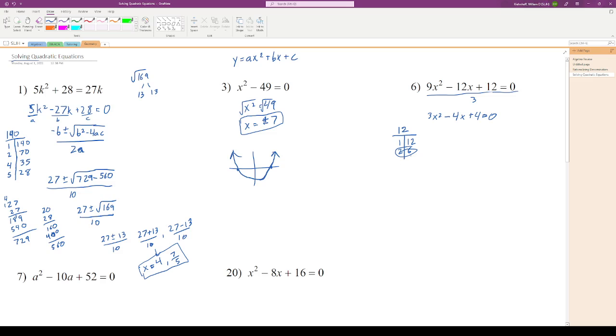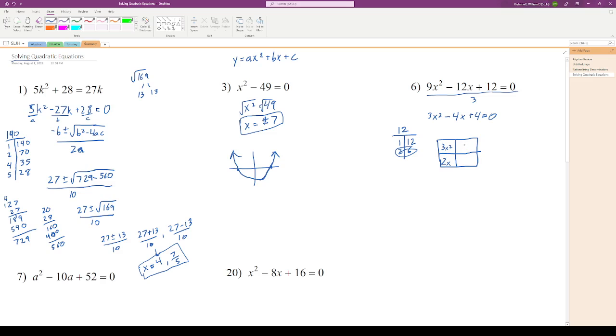Now that we have that, I'm going to go back to the area model that we used last year in algebra, and we're going to try to find our factors here. So we have 3x squared, and then what we've just determined is that our two corner boxes are a 2x and a 6x.